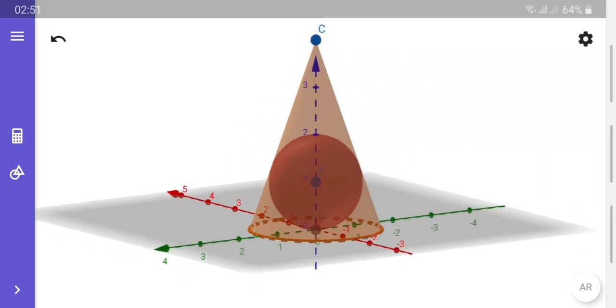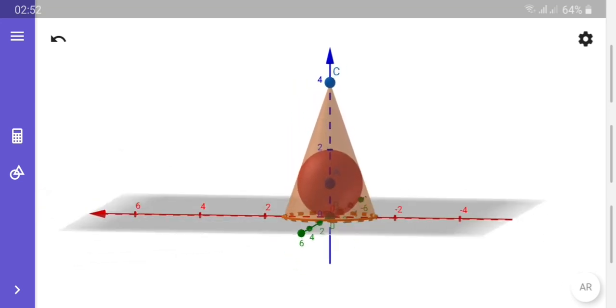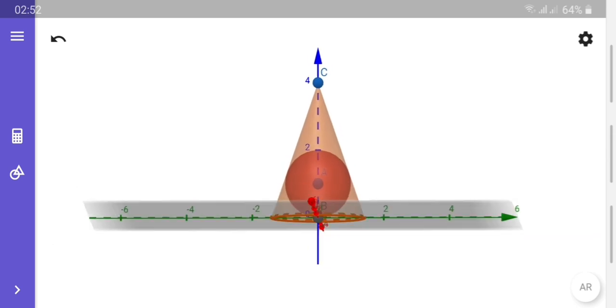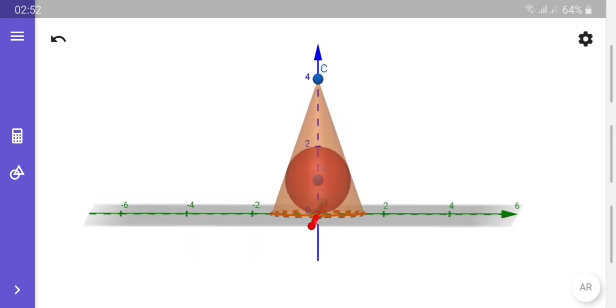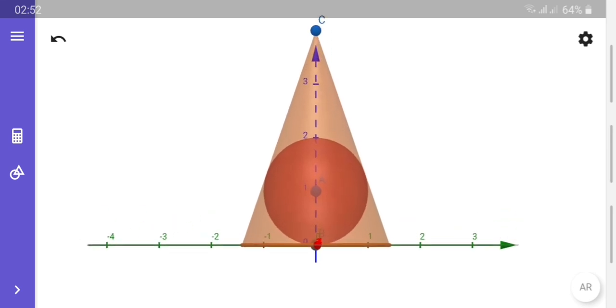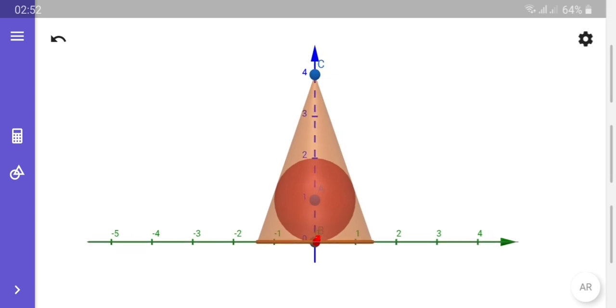So here we have our cone and our sphere. You can see over here. This was the front view that we were using to calculate. Here you can see that h is equal to 4. The diameter of the sphere inside is 2.